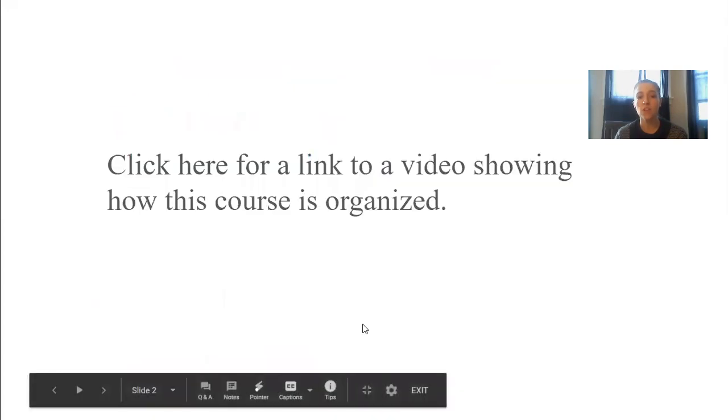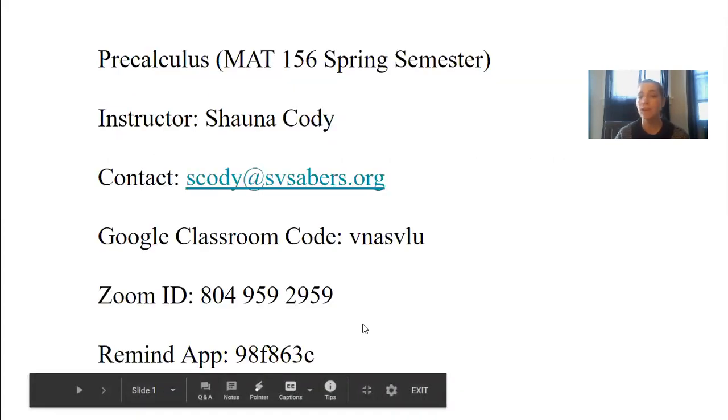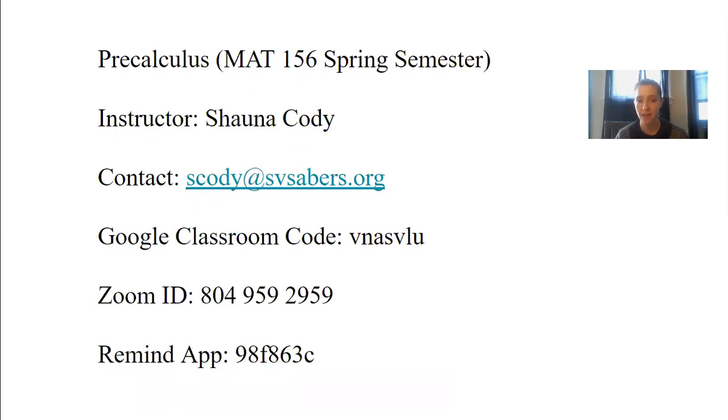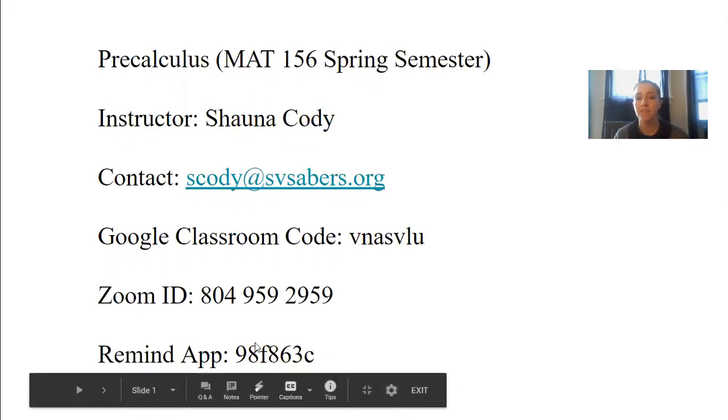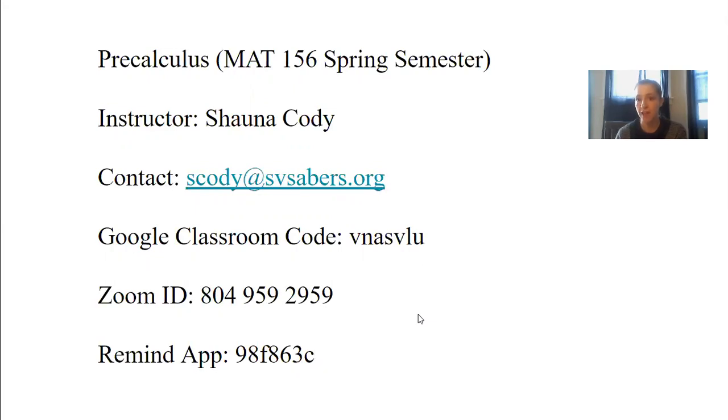And then we're going to start using the Remind app, Remind 101 it's called. You may have used it before, or your child may have, probably. And if you would like to join the Remind app, I'll just be texting you through the app announcements and things and some reminders every once in a while. And this is the code to join that. And your child can also show you how to do that if you're interested.